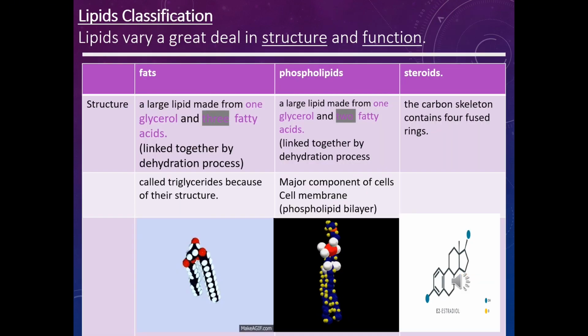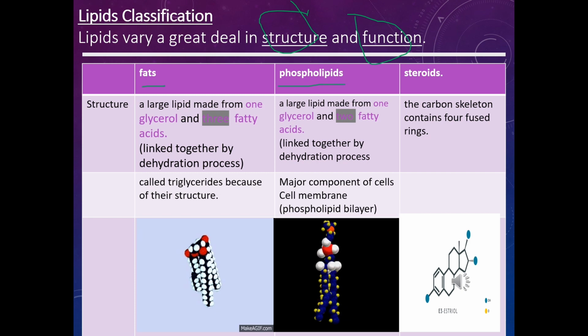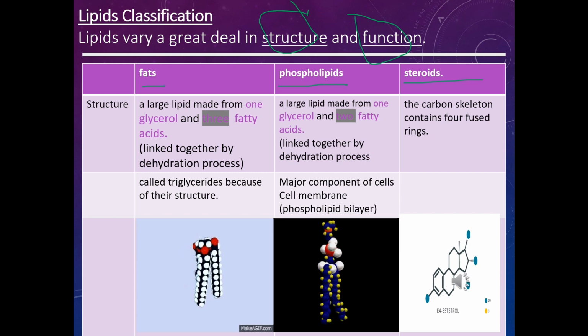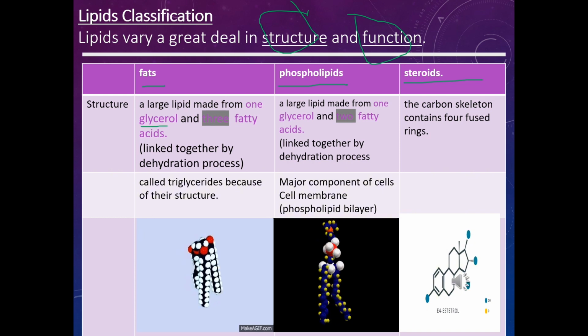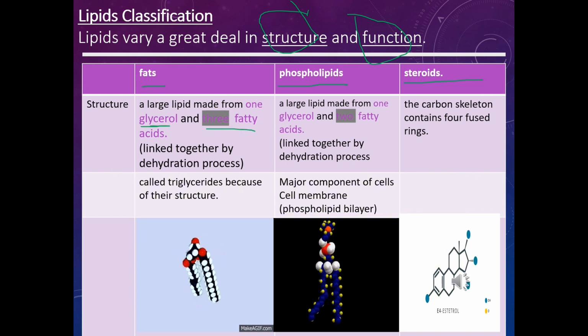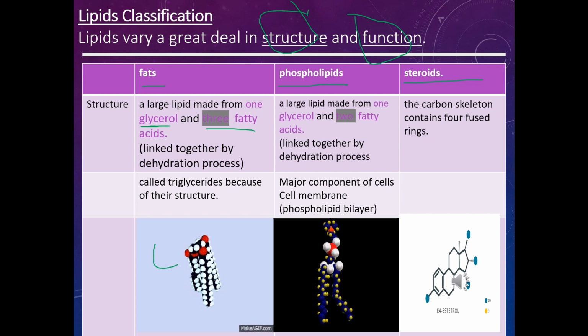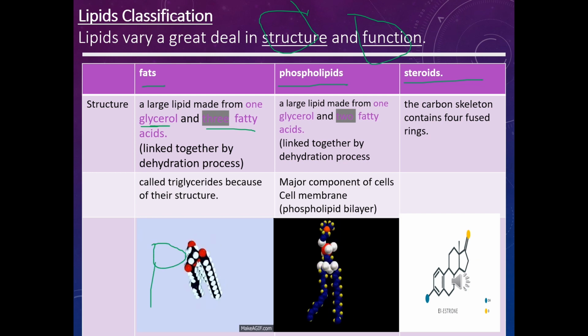Here we're going to classify the lipids into three categories according to their structure and their function. So we have fats, we have phospholipids, we have steroids. The structure of the fats is actually one molecule of glycerol and three fatty acids. That's why it's a head and three tails.